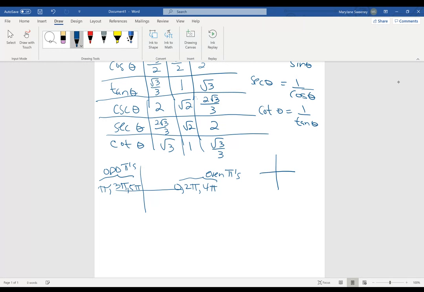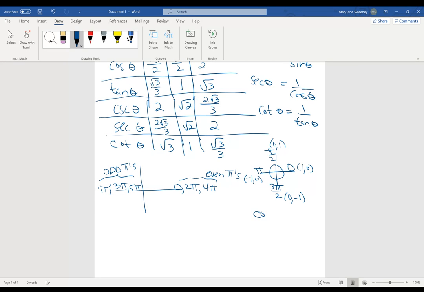You should also know your unit circle to help you handle the quadrantal angles, which are 0, pi over 2, pi, and 3 pi over 2. So this is 1, 0, 0, 1, -1, 0, and 0, -1.